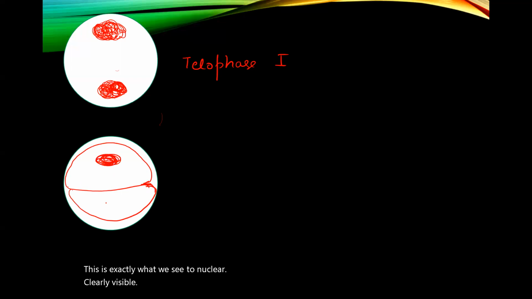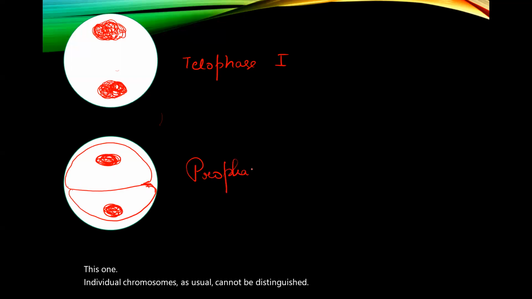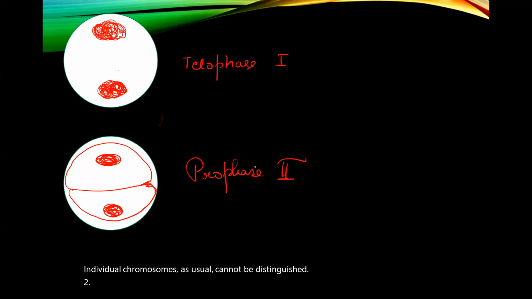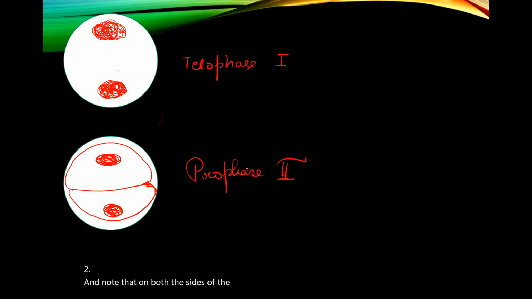Individual chromosomes, as usual, cannot be distinguished. Prophase 2. Fine. And note that on both the sides of the cell plate, 2 nuclei are clearly visible. This is the key point.